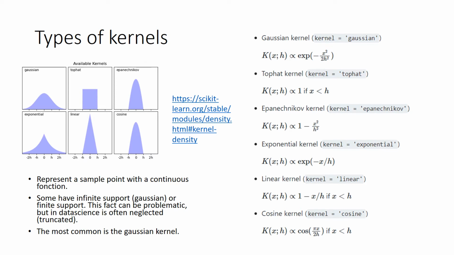What might arise is that some of these functions have an infinite support, meaning that they are defined between -infinity and +infinity, which can be problematic. But often we use a truncated Gaussian. We don't care about the infinitely small parts that are out of the range.